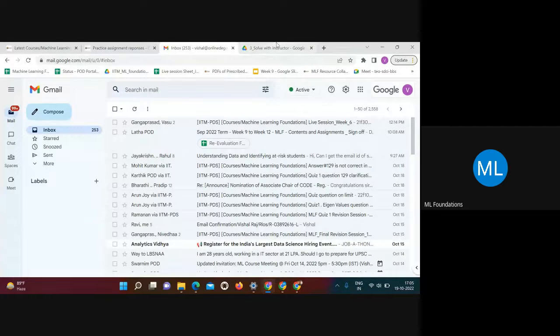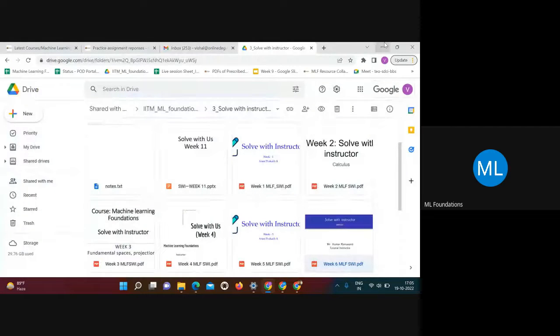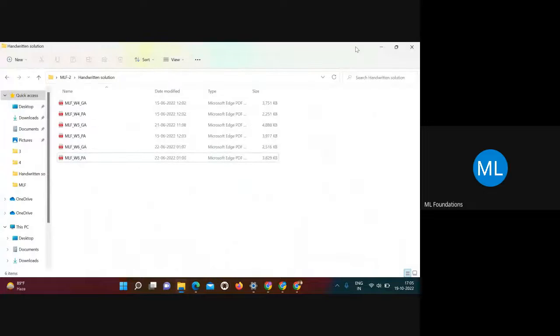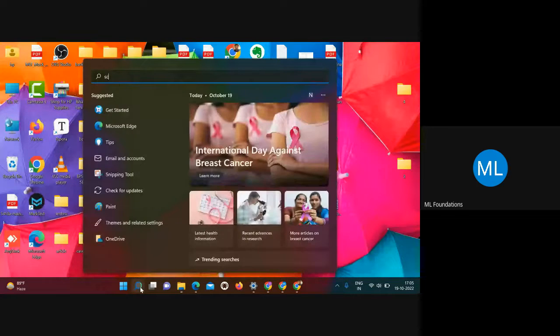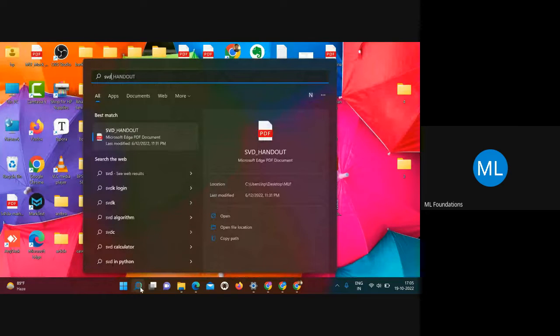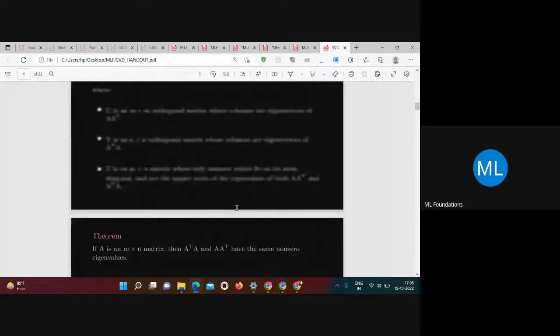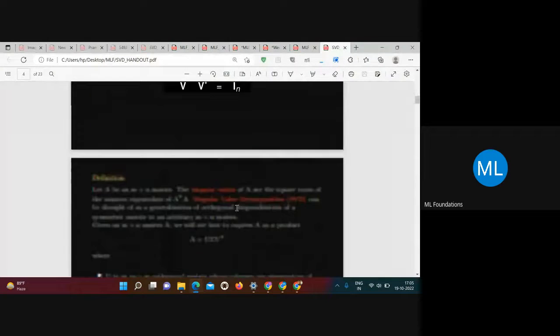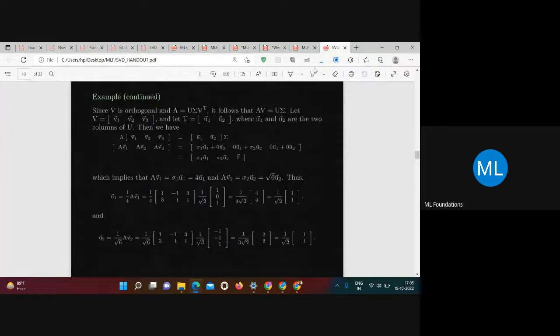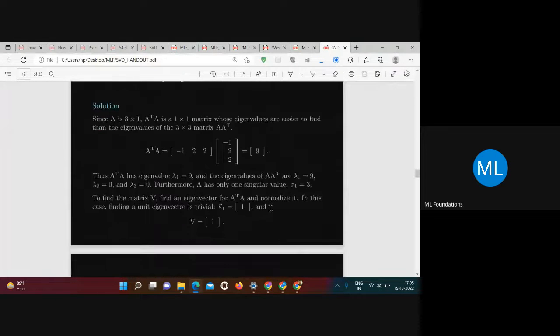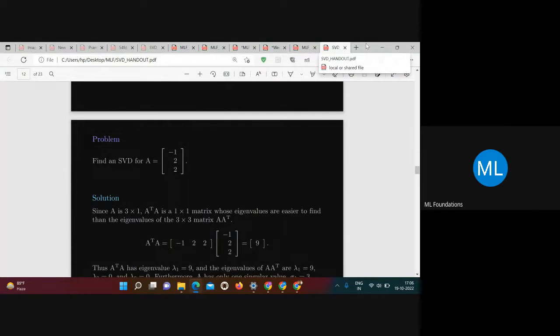So I'll post the solution also. I have some SVD handout. I'll post that also. Maybe that will help you. I just downloaded it, I guess, from some Chinese university. So maybe this will help you. This is a good handout that I read, the SVD part. This also I'll upload.